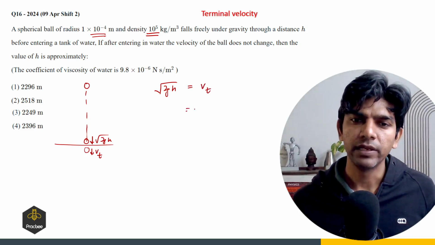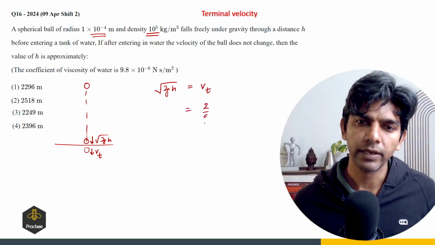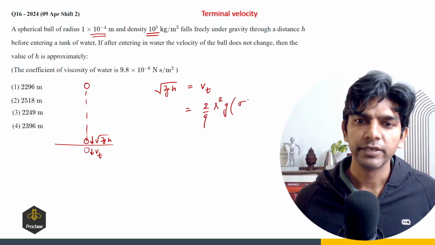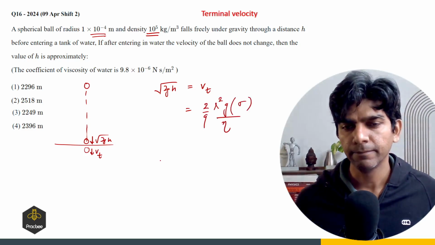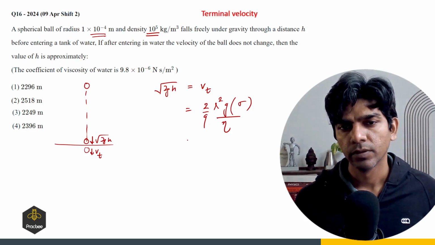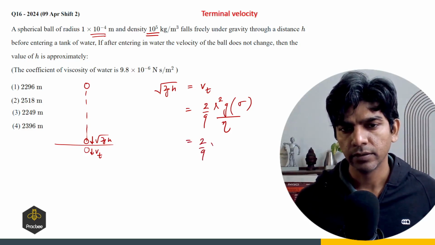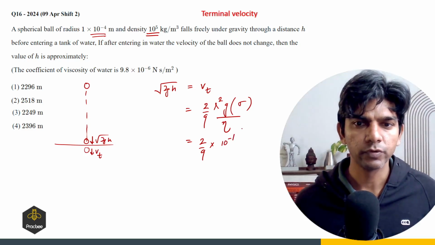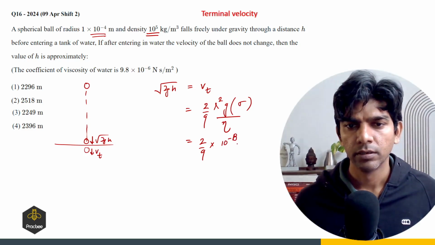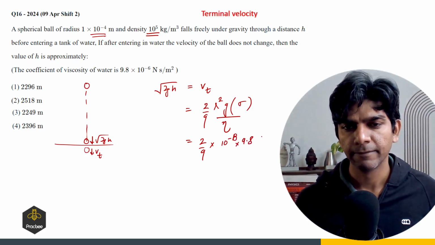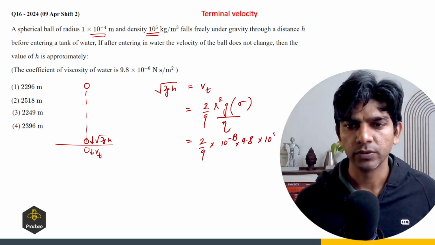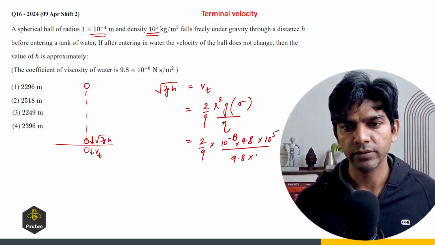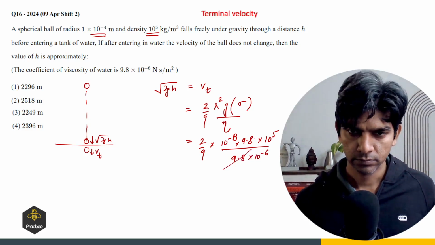So let us substitute the value. So vt will be 2 by 9 r square g sigma divided by eta, right? So that will be 2 by 9, r square will be 10 raised to minus 8, g is 9.8, sigma is 10 raised to 5, and eta is given as 9.8 into 10 raised to minus 6.